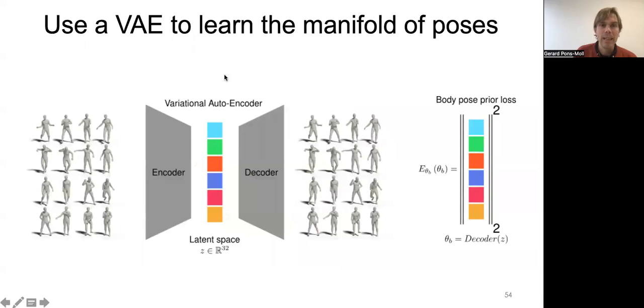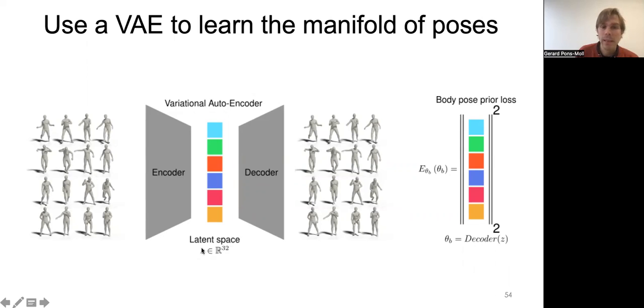All right, so basically for the pose prior, instead of having a penalty on the poses using a mixture of Gaussians prior, you can train a variational autoencoder and obtain a latent space Z. For those of you who do not know what a variational autoencoder is, you basically encode the poses into a latent space, typically of lower dimension, and then you have a decoder, and you train this model to minimize the auto-reconstruction error.